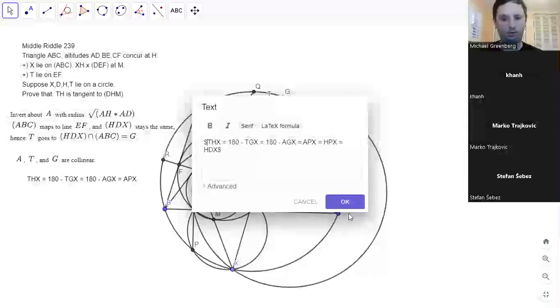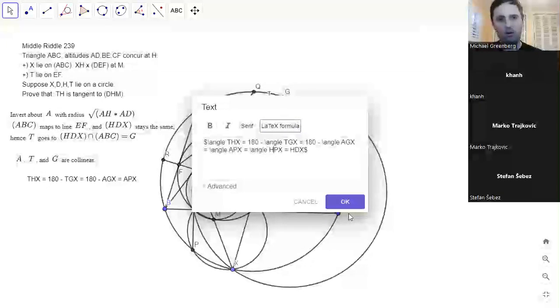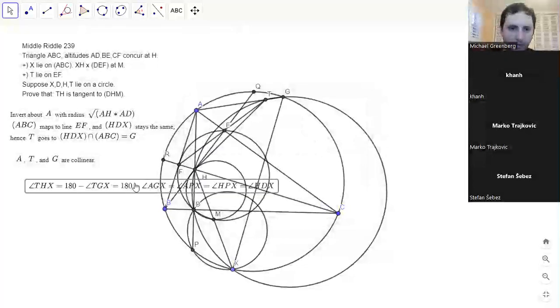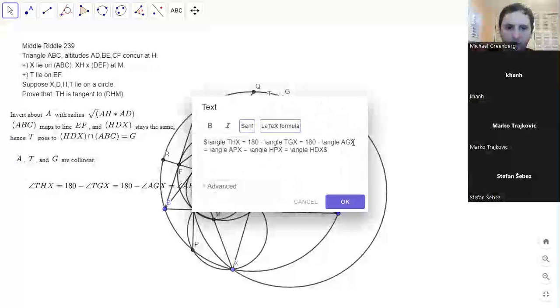So yeah, let's write the angles just to make it look better. All right, so this one was quite a bit easier. Split it up into 2 lines.